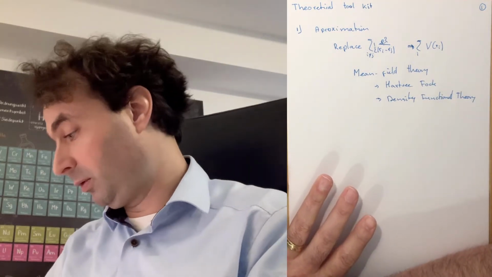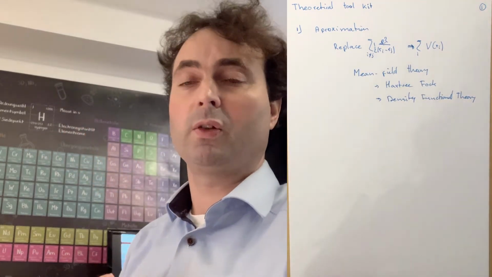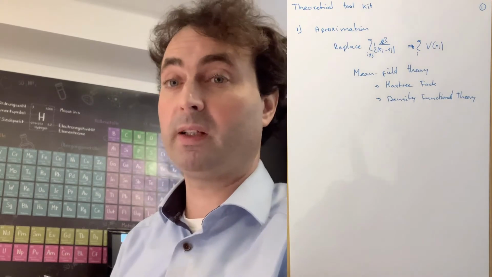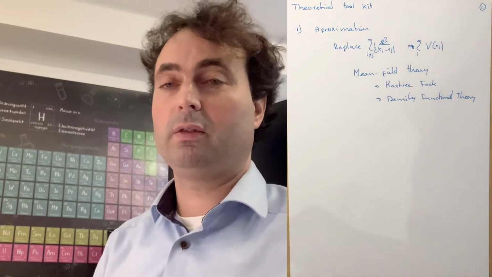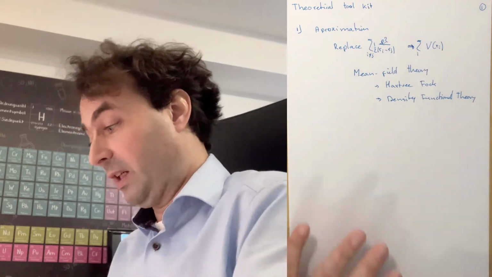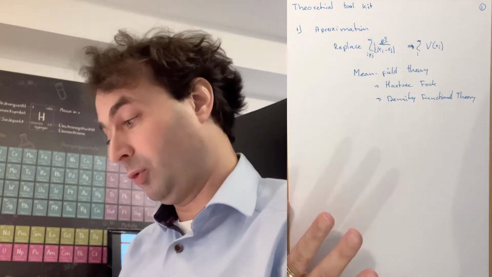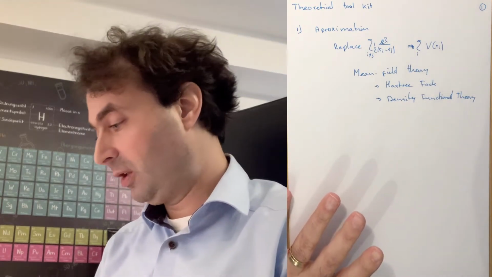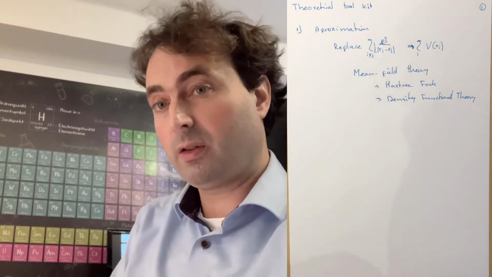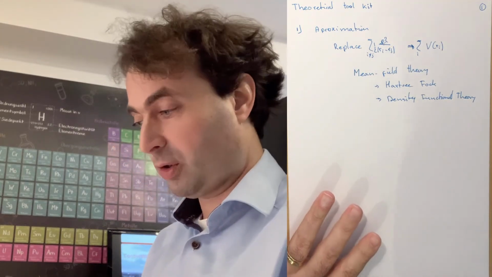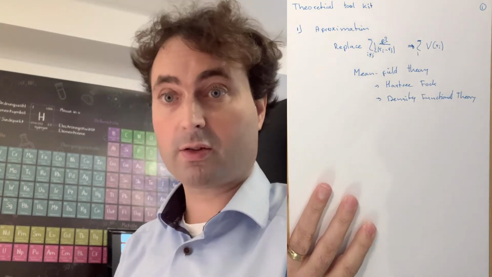Now, many people would say density functional theory is not a mean field approximation because it is formally exact, which is true, but all practical implementations of density functional theory are mean field approximations, just not the Hartree-Fock approximation. So that's why I put it here. If you give me a density functional theory that is not a mean field, then we can discuss further. But these successful ones are mean field approximations.